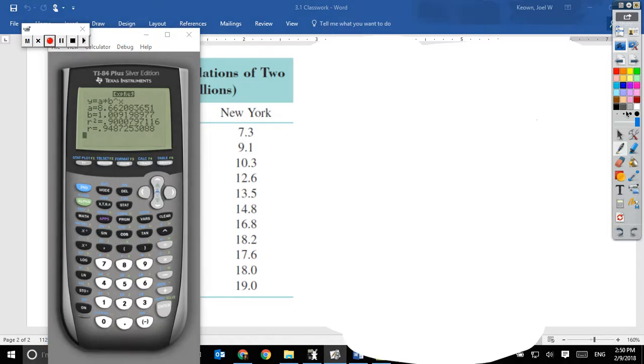So if I look at this, my general form is y equals a times b to the x, which is what we saw on Friday. That's our general form for an exponential function.